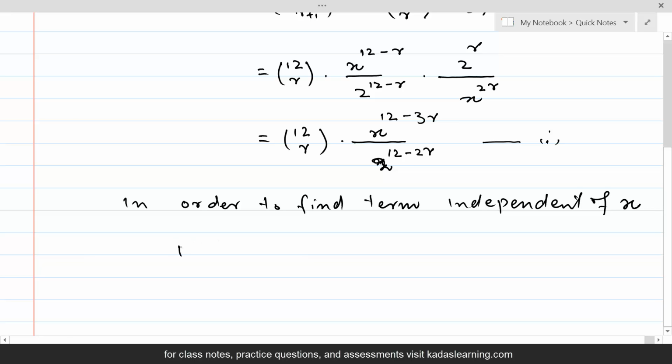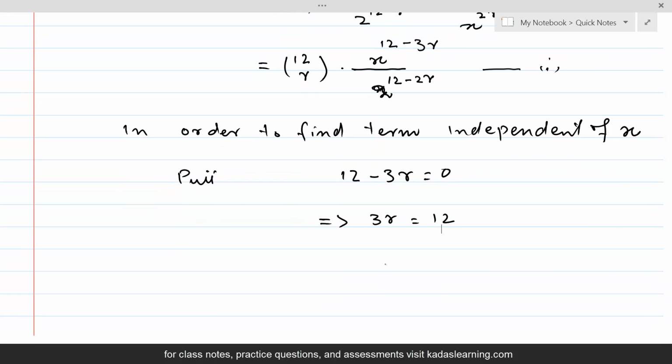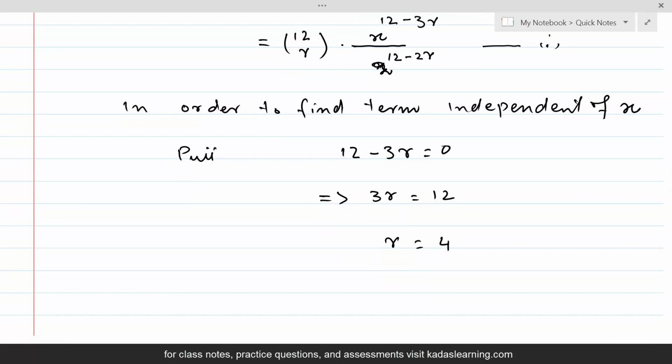So put whatever the power of x is equal to 0: 12 minus 3r equals 0. This gives 3r equals 12, and the value of r is 4. Now we are going to substitute this value of r in equation 1.